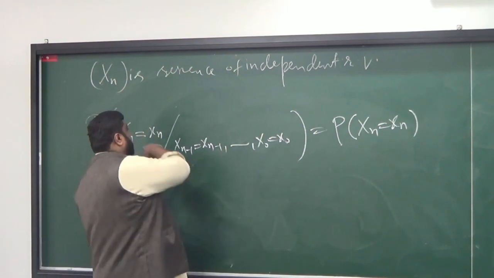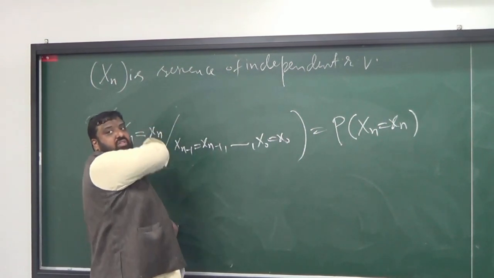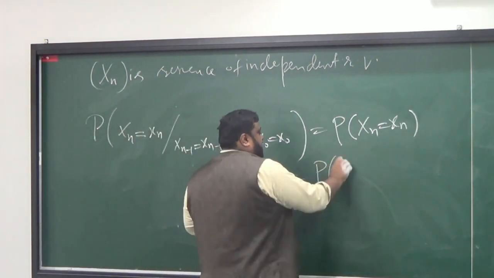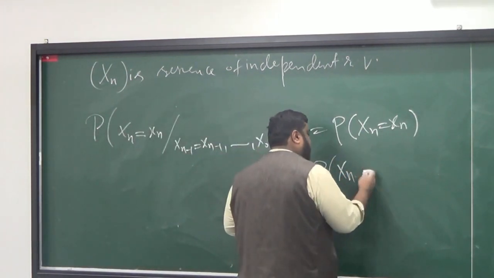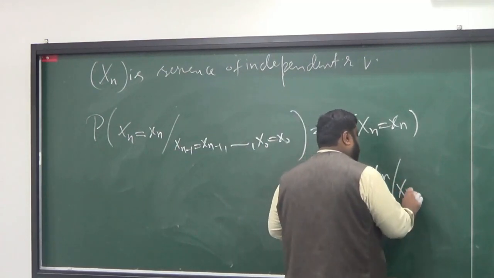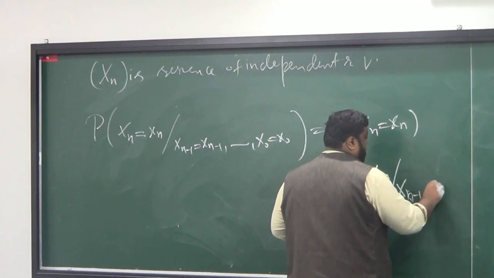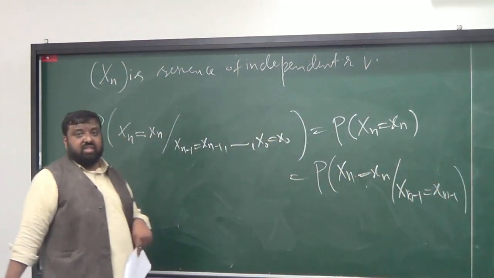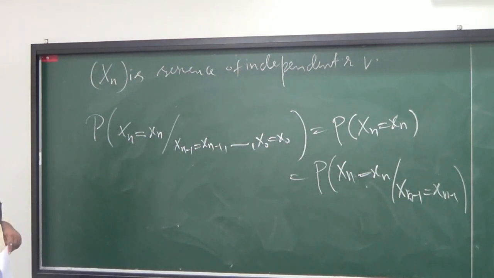This doesn't add anything, and obviously it would be the same as given only Xn minus 1. So it's a Markov chain.